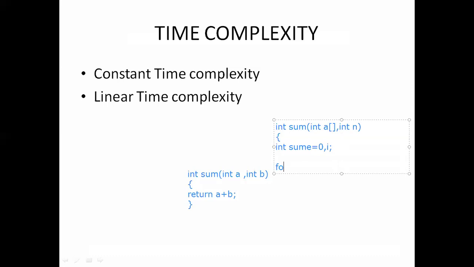So I am taking a for loop for i equal to 0, i less than n, i plus plus. Okay, sum equal to sum plus a of i. So I am taking small a here, sum plus a of i. Okay, so this is the iterative program.